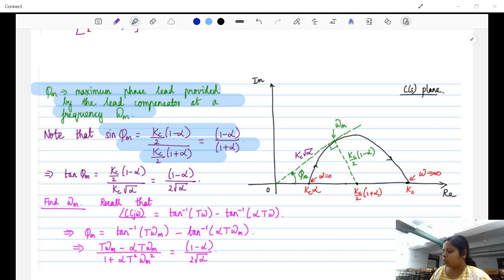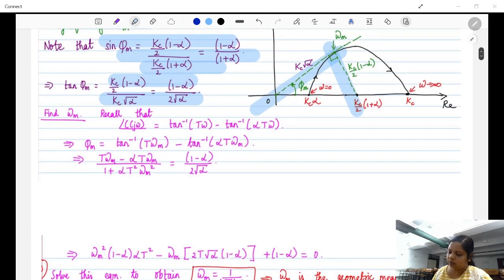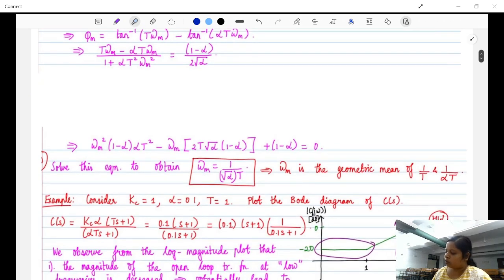It is the same kind of situation where you take sine of this upon this, because the tangent line that is perpendicular to the radius of the circle would definitely give us the maximum phi m. No other angles would give that. So tan phi m is equal to this quantity, right? Solving this for angles, you can also find that omega m is equal to 1 by root of alpha into T. So omega m is the geometric mean of both the corner frequencies, 1 by T and 1 upon alpha T, right?